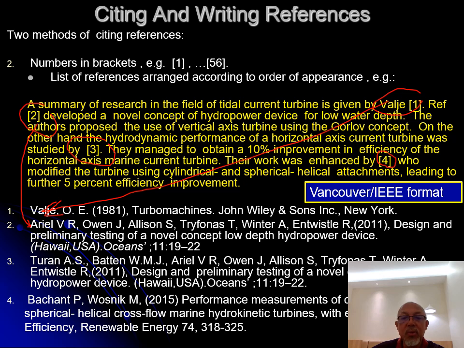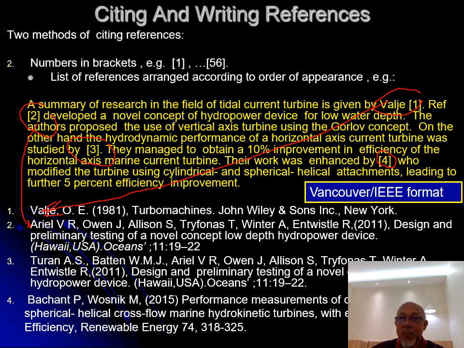We have to make sure we do not confuse author year with numbers in brackets. If you use numbers in brackets, it comes as a package: you must list the references according to the numbers, and these numbers follow the order of appearance.